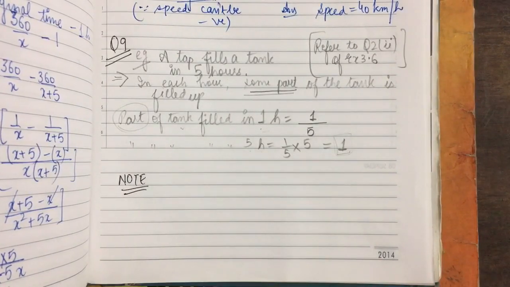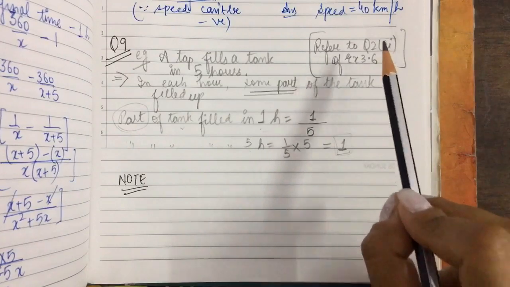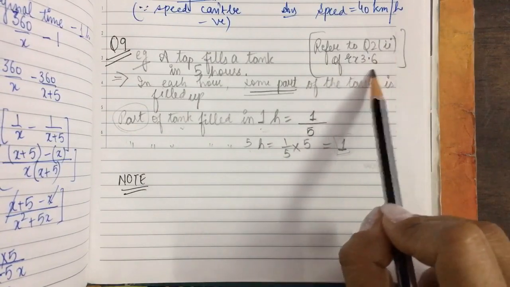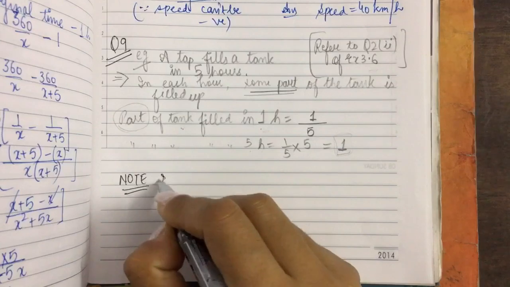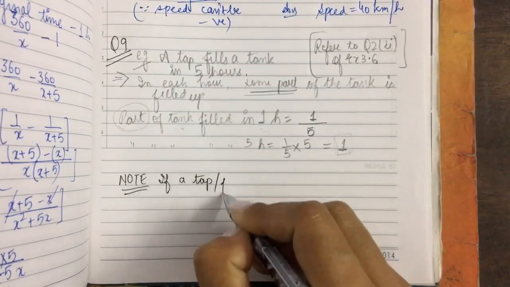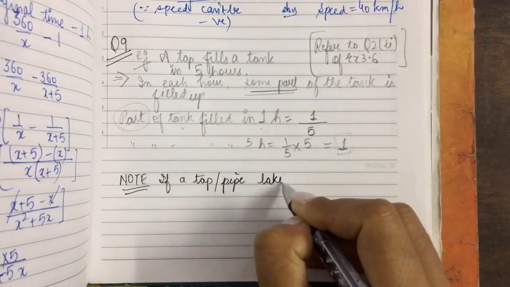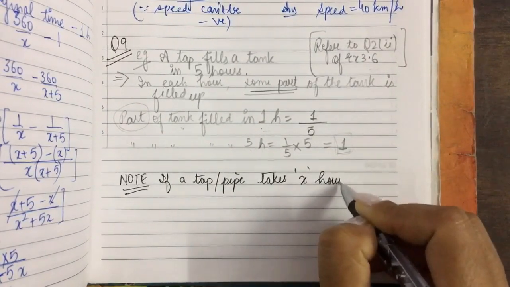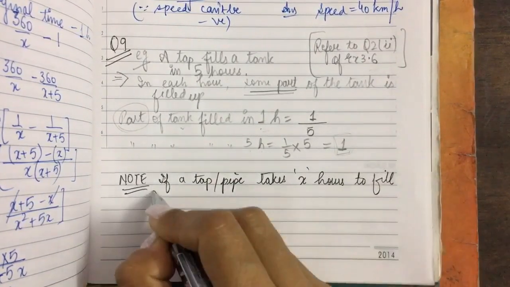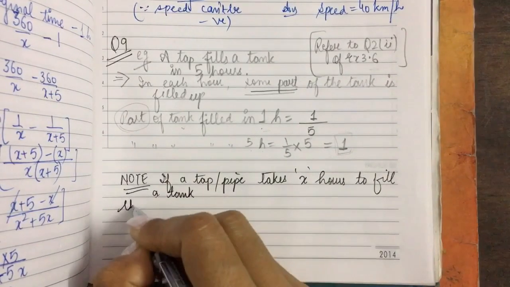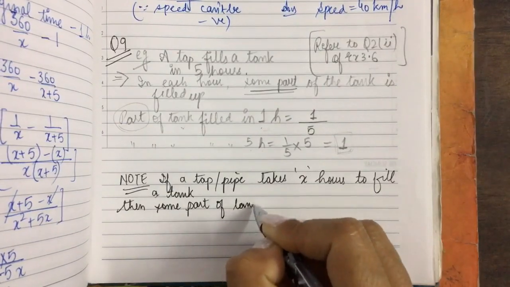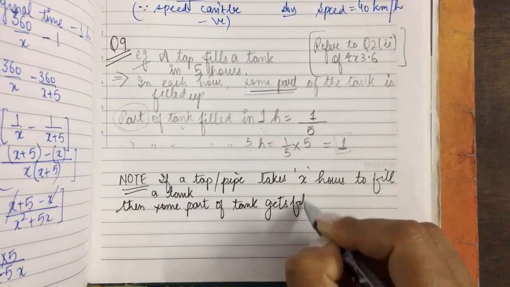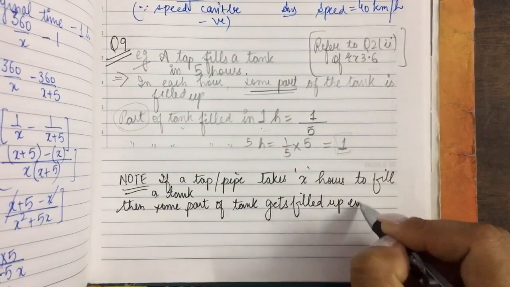The concept used here is the same as in question number 2, second part of this exercise, I'm referring to in chapter number 3, the work done by a person. If a tap or a pipe takes X hours to fill a tank, then some part of the tank gets filled up every hour.